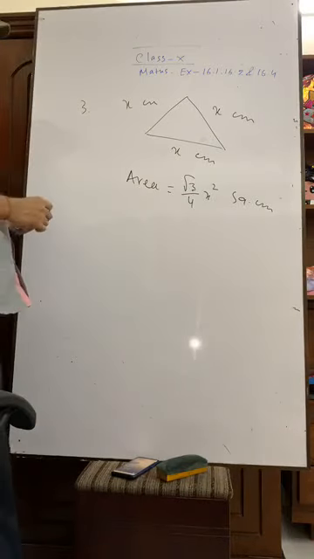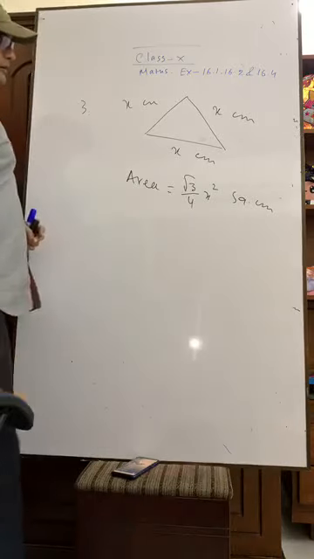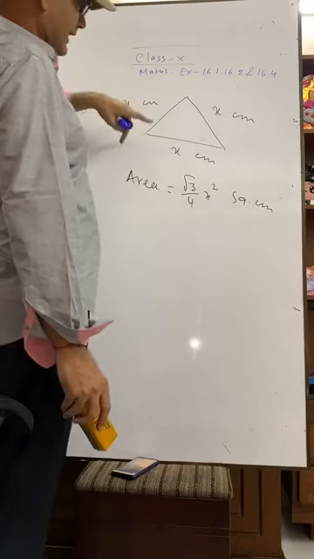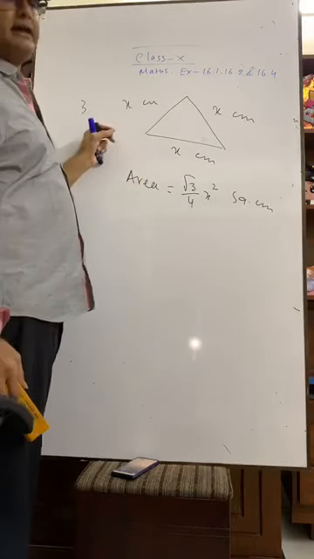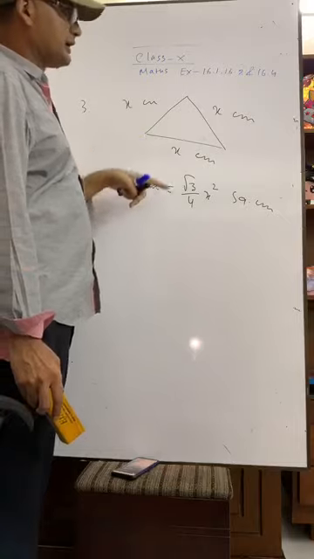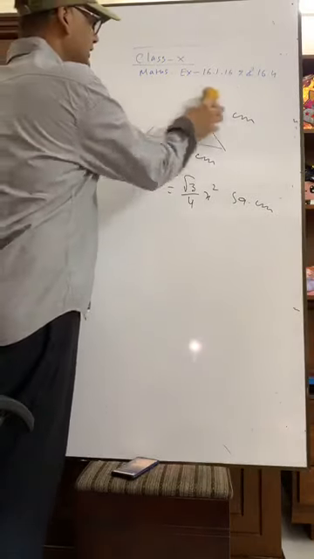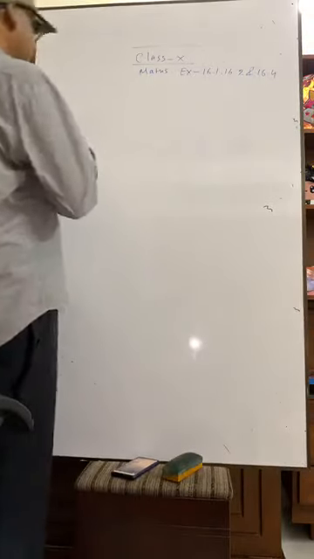It is very easy. If the length of the side is x centimeter, then its area is this, since it is an equilateral triangle, having all the sides equal.